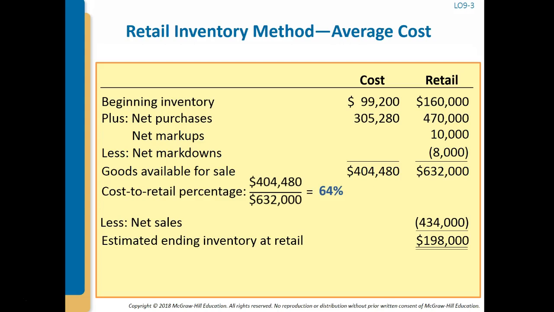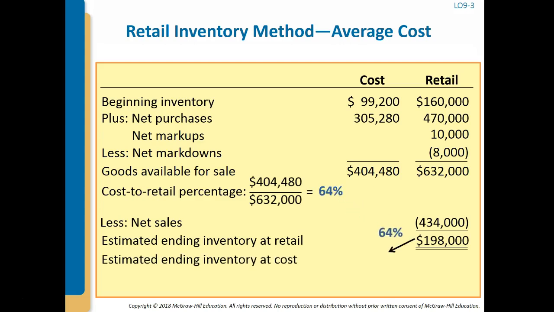This is achieved by calculating the cost to retail percentage by dividing the total cost of goods available for sale by total goods available for sale at retail. When this average percentage is applied to ending inventory at retail, we get an estimate of ending inventory at average cost. We demonstrate the retail inventory method approximating average costs for July here.